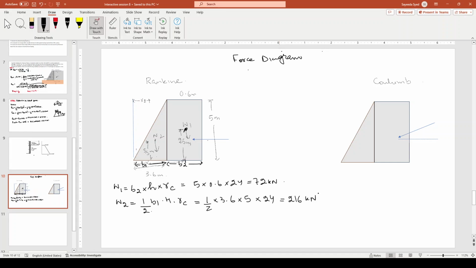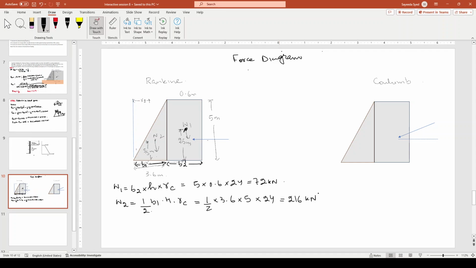This will be 3.6 by 3, that is 1.2. And because this is 0, this will be 0.3. This will be 3.6 plus 0.3, 3.9.